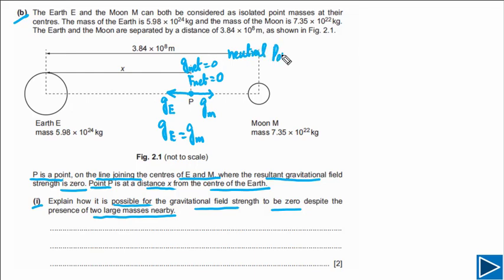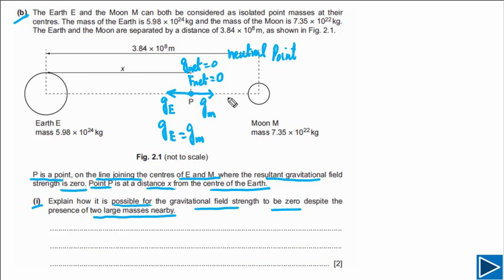It means if you place any mass at the neutral point, that mass will not experience any gravitational force. And F net is only 0 if the fields due to these two objects are equal in magnitude and opposite in direction. So that's all we need to understand.